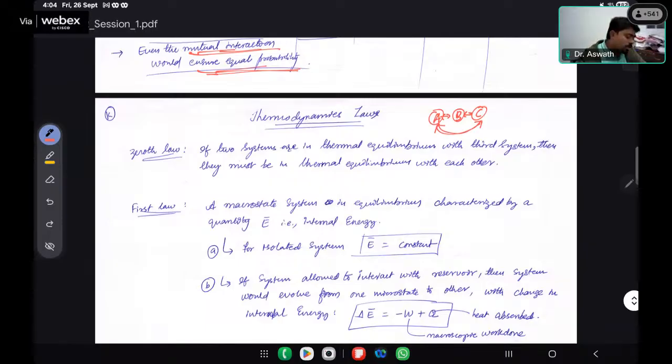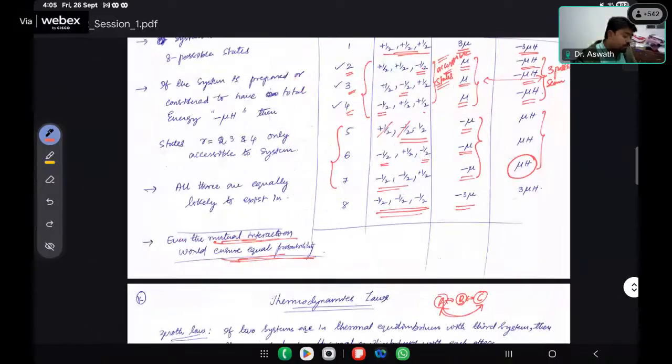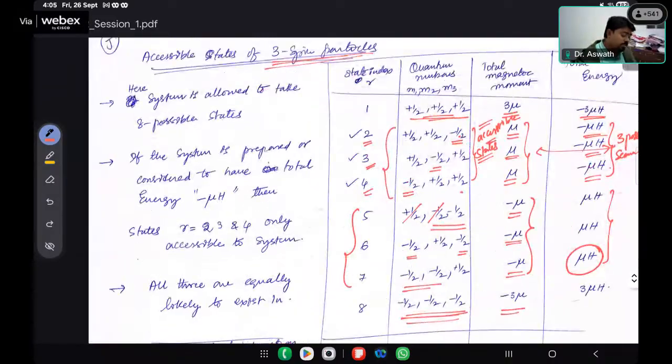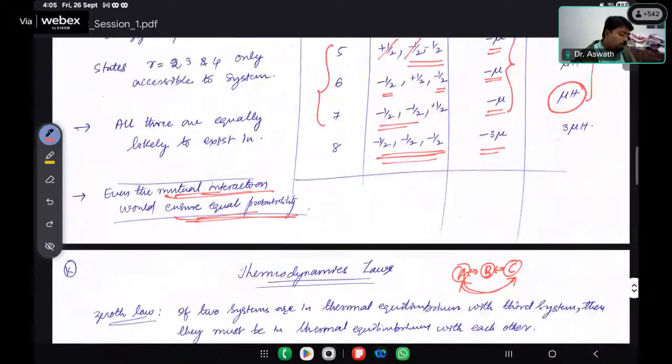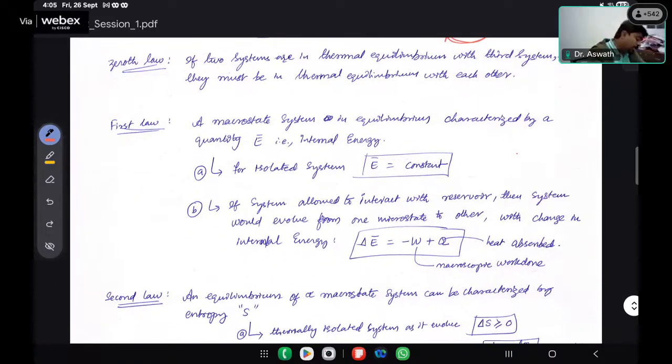That is what the zeroth law says as per the macroscopic world. Now let's keep aside the microscopic system of spins, and try to assess in terms of macroscopic thermodynamics coming from statistical physics. So the zeroth law is like that.